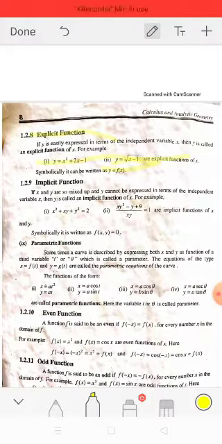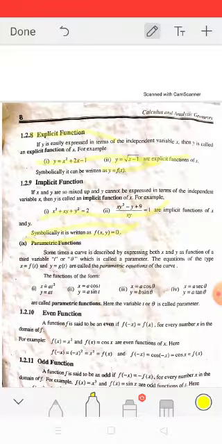This is an explicit function. If a function depends on more than one variable, then it is said to be an implicit function. Here you can see that both functions are dependent on x and y. Then this function can be symbolically written as f of x and y, because x and y are 2 independent variables.